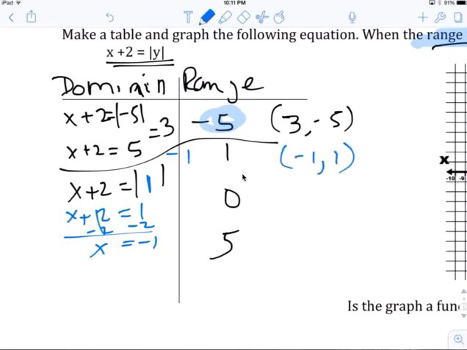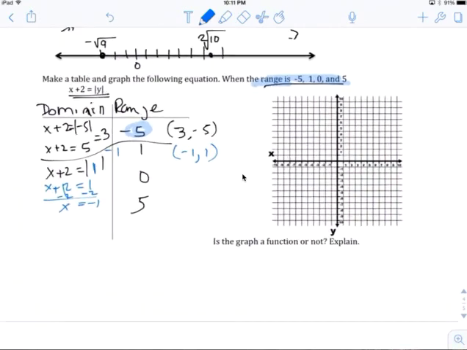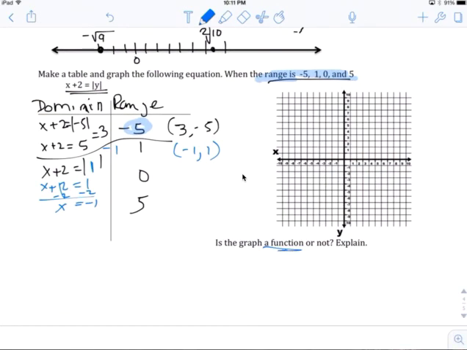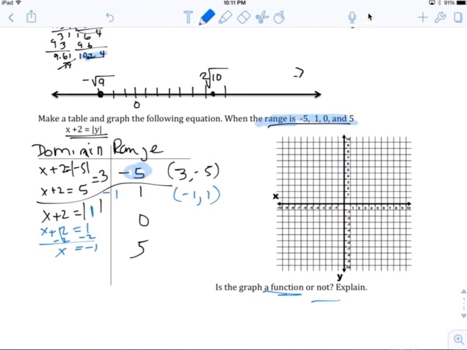Then you do the same for the rest, and then you graph it to see if it's a function or not. If it's a function, when you draw a vertical line, it crosses once. Not a function, you draw a vertical line, it crosses twice, okay? So graph it and see what happens.